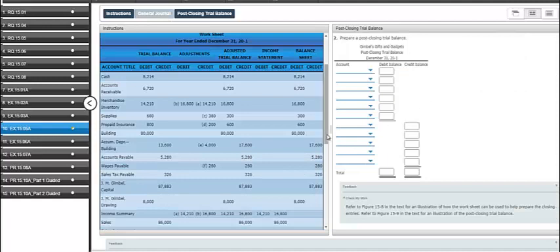Okay, remember the post-closing trial balance is made up of all the permanent accounts or the balance sheet accounts.